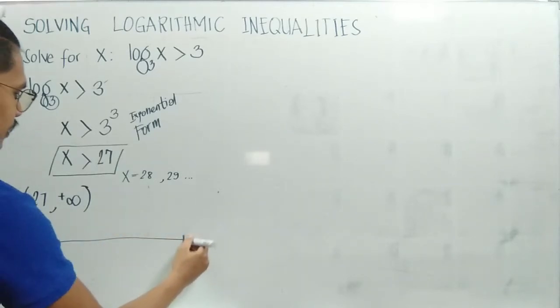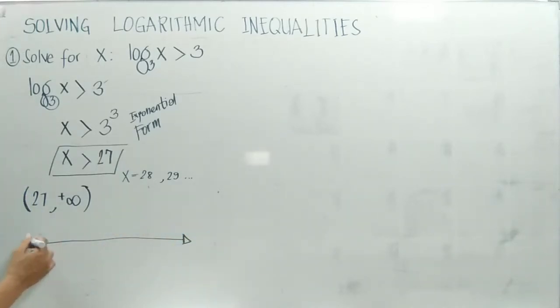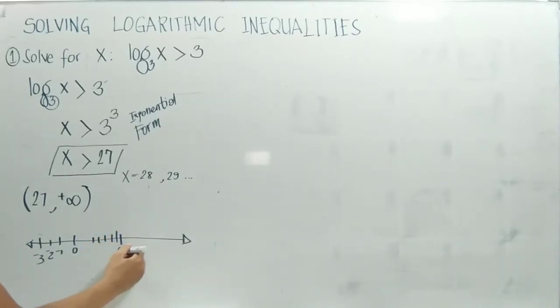Okay, assuming we have your number line in here, then we have 0, -1, -2, -3, and so on. Assuming this is your positive 27, then we have numbers here until positive infinity.